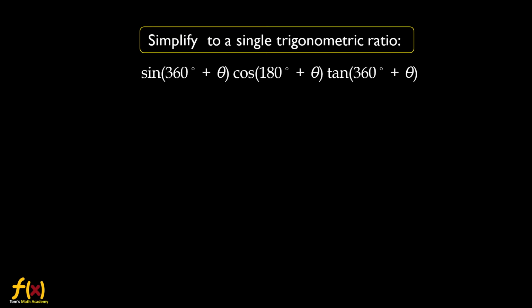Starting from the x-axis, from 0 up to here is 360. Moving further, 360 plus, it is going into the first quadrant again. So when you have 360 plus, remember that. So we are going to simplify it.